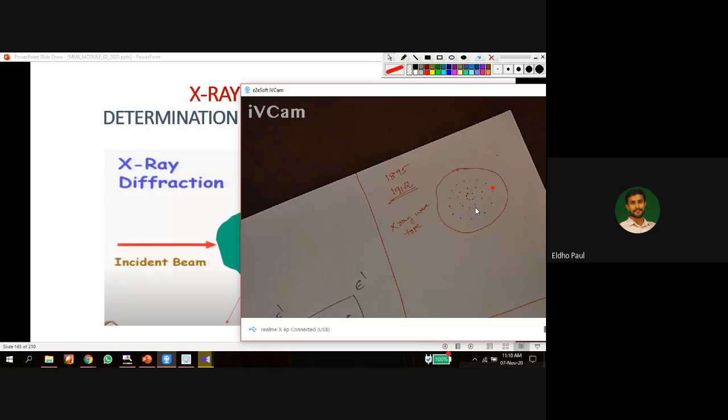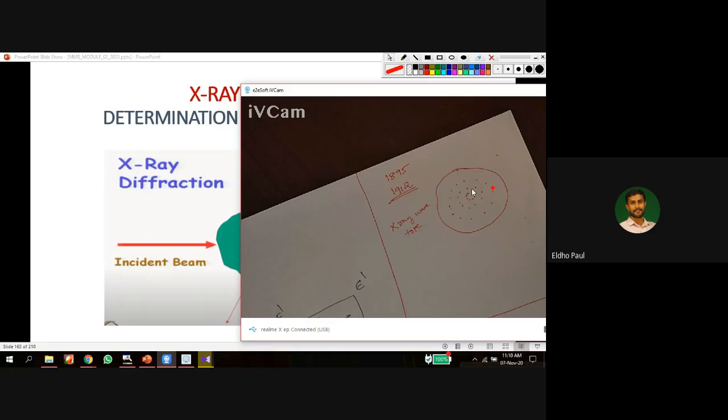From this experiment, the metallurgists concluded that in a crystal, the atoms are regularly arranged. This was the first conclusion.